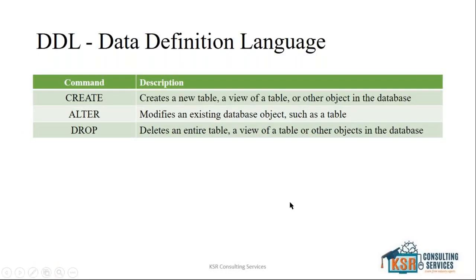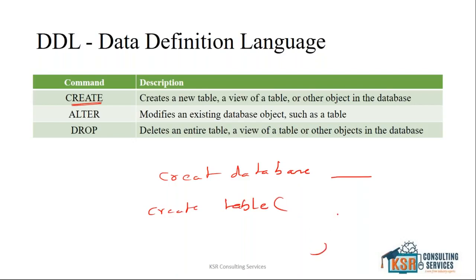In this, two things we have seen. One, we have seen create. What we did: create database, and we gave a name. One more thing, we created a table, where I give column, data type, column, data type, column, data type. Both of these we have seen.